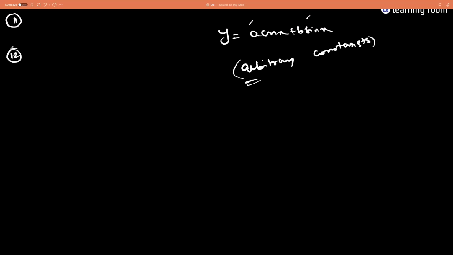Whereas for the 12th one, the number of arbitrary constants in the particular solution of the differential equation of third order, the answer will be 0, because what solution is that? Particular solution. In a particular solution, the constant is known. If the constant is not known, you call it an arbitrary constant. If the constant is known, you just call it a constant. So the answer will be 0. So this exercise is also over.